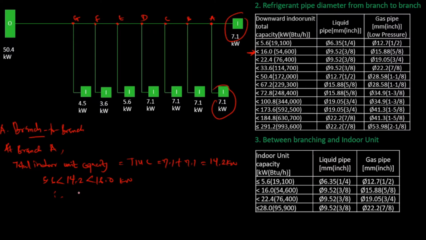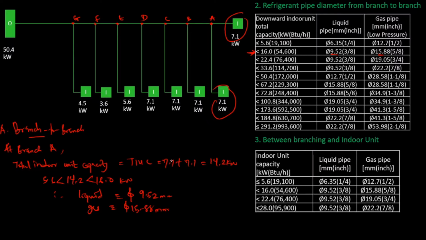Therefore, on the liquid side, the liquid pipe is 9.52 millimeters. That's this. And the gas pipe is 15.88. Alright, so that's for branch A.